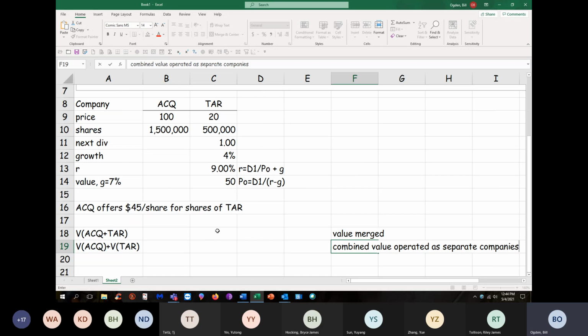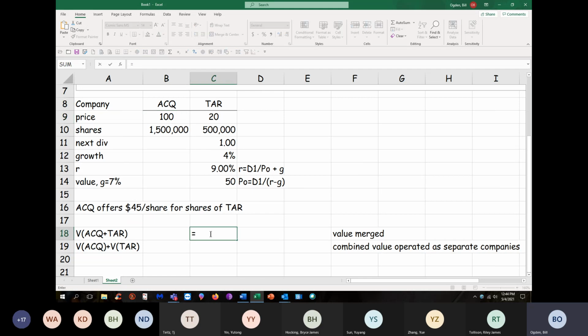Okay, so let's do these numbers. So the value merged, you would have 500,000 shares that we were valuing at $50 per share, plus 1.5 million shares, which have a value of $100 per share. So let's add those together.